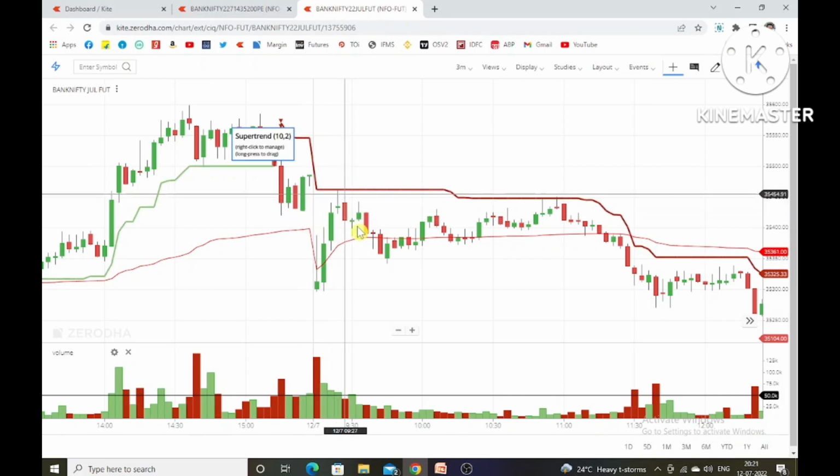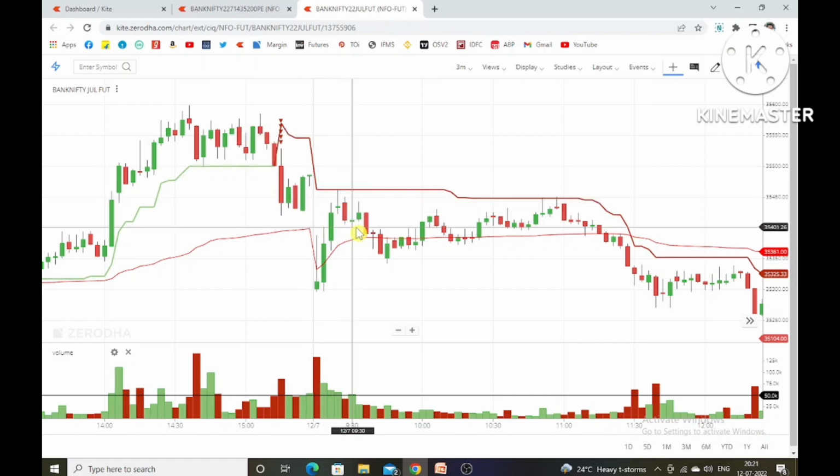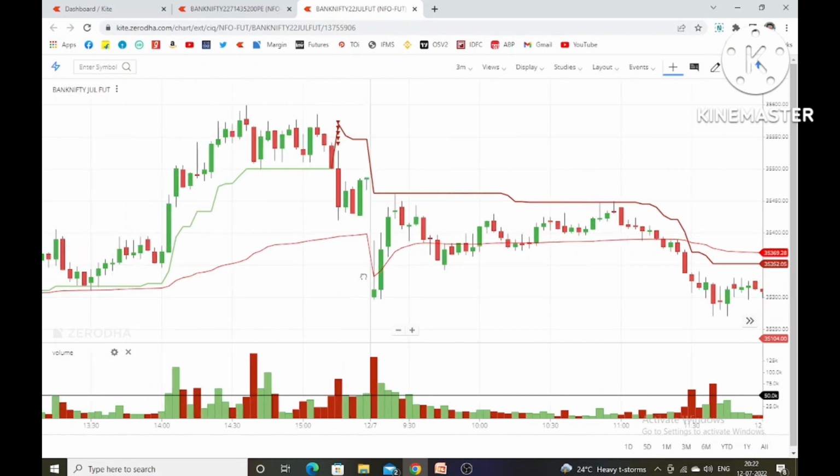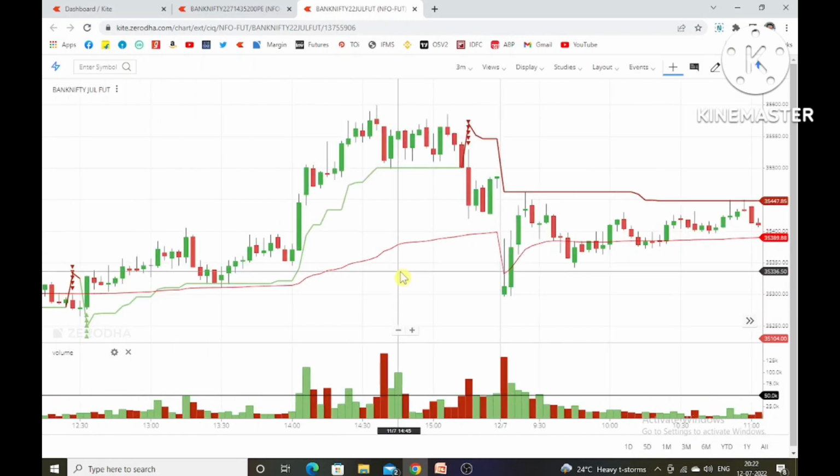You can take a trade here, but I will not recommend it, because momentum comes only when price moves below super trend and super trend moves below VWAP for put option entry. And for call option entry, momentum comes only when price is moving above super trend and super trend is moving above VWAP. So I will not recommend you take a trade in the no trade zone. What is the no trade zone? When price is moving between VWAP and super trend, it is called the no trade zone.